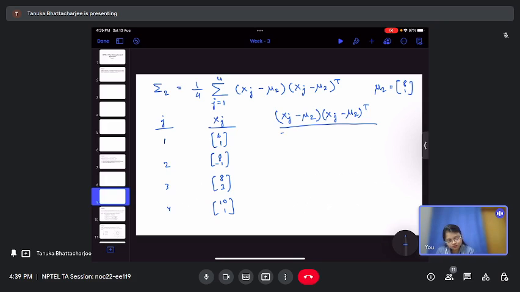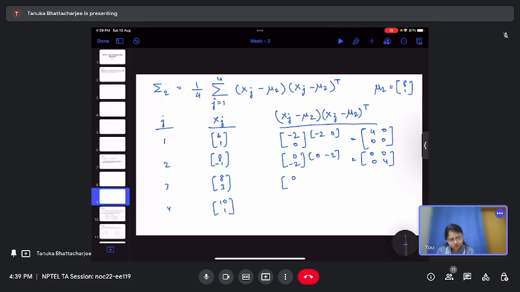So here you will have (-2, 0) times its transpose, which is [4 0; 0 0]. Then you have (0, -2) times its transpose, that is [0 0; 0 4].